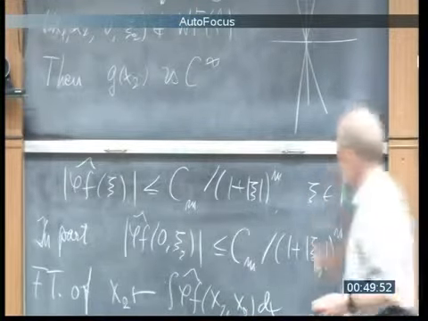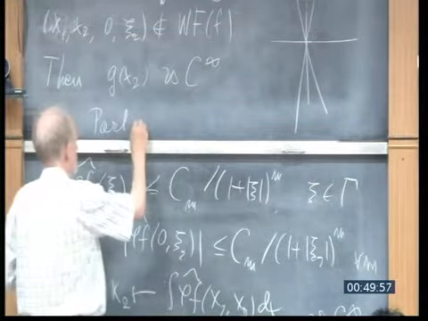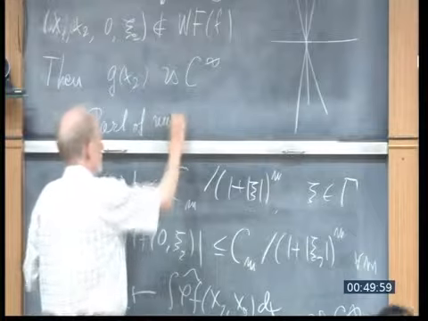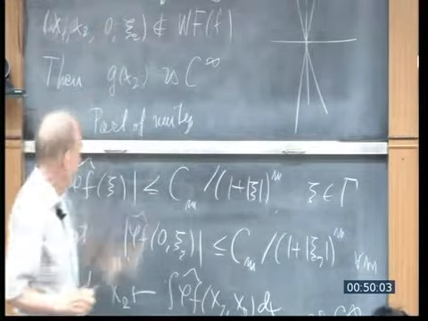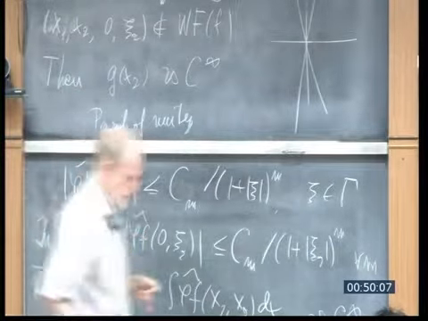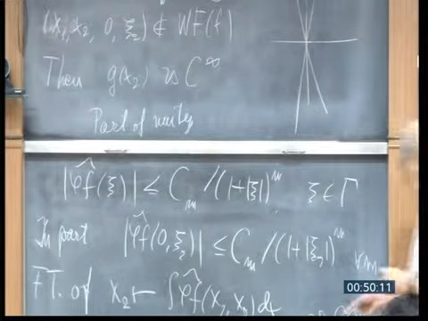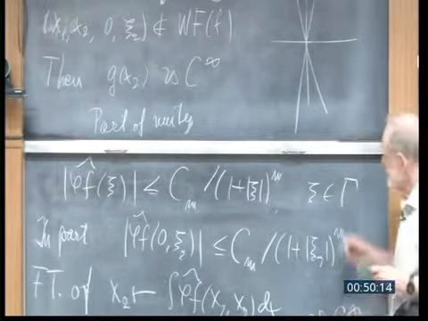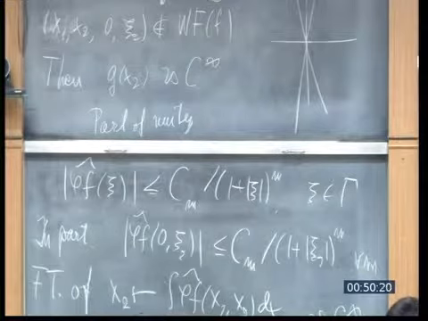And then we do it just with a partition of unity. So we chop up f and g as a sum of a finite number of functions that are C infinity by this. And the example is a special case of this.